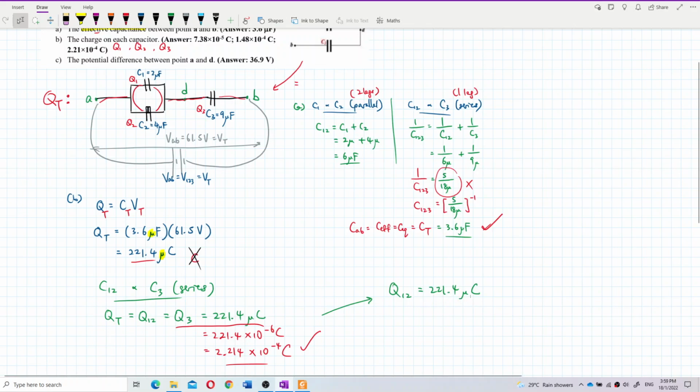But Q1 and Q2, what I can say is they are parallel. C1 and C2, they are parallel. Okay, now go back to C1 and C2. They are parallel. Understand?